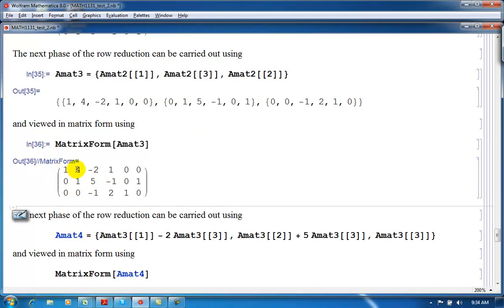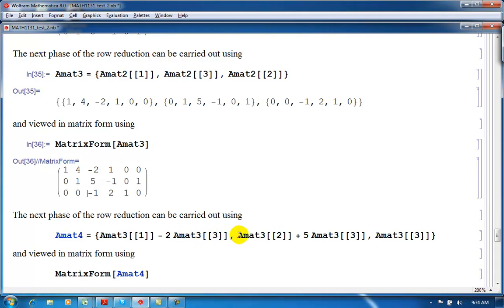And now to finish the job, we have to perform row operations so that those 2 elements and this one become zeros. If we look at that, we can see that we can do that by adding 5 times the third row to the second and subtracting twice the third row from the first.